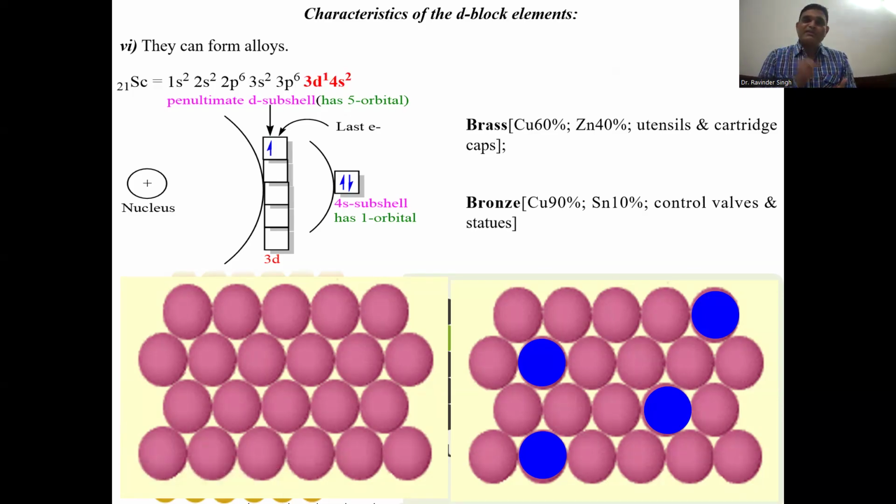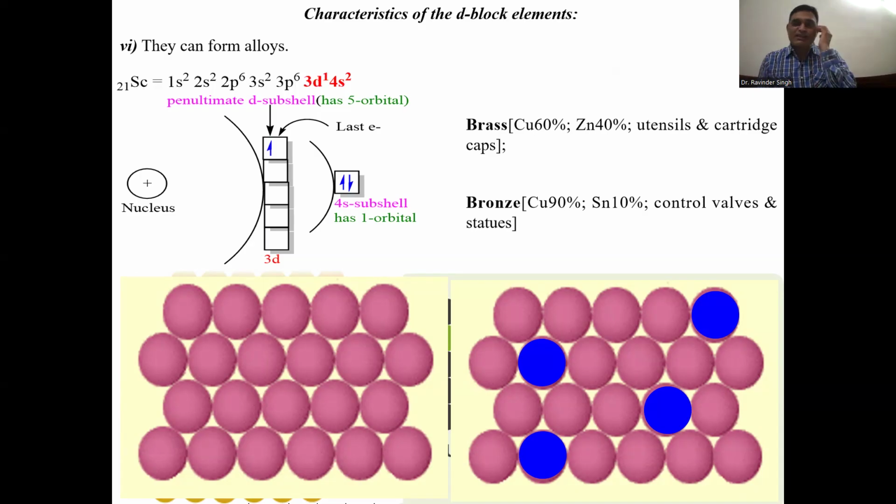So as the number of shells remains the same and the number of electrons in the valence shell remains the same, the attraction between the nucleus and the valence shell is almost nearly the same. Due to almost the same interaction between the nucleus and the valence 4s subshell, the size almost remains the same. Because of that reason, the first transition series elements have almost nearly the same size.